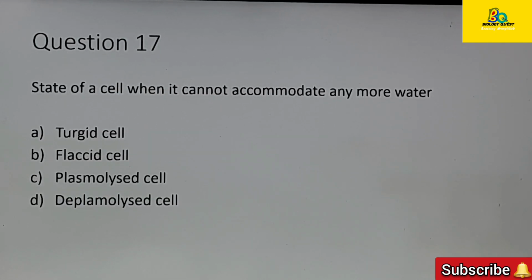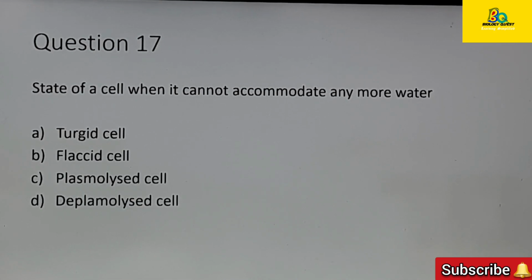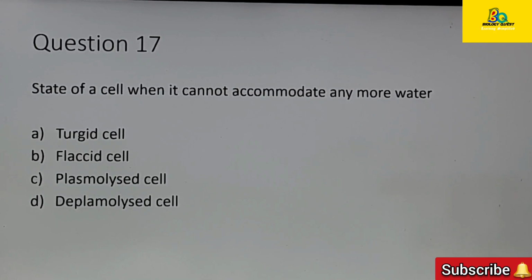Next question, state of a cell when it cannot accommodate any more water. Options are turgid cell, flaccid cell, plasmolysed cell, deplasmolysed cell. Okay, state of a cell when it cannot accommodate any more water. So what is that cell called? Turgid cell.